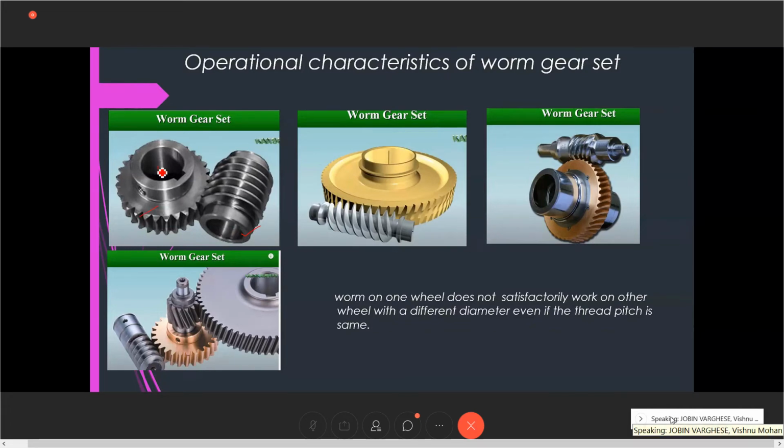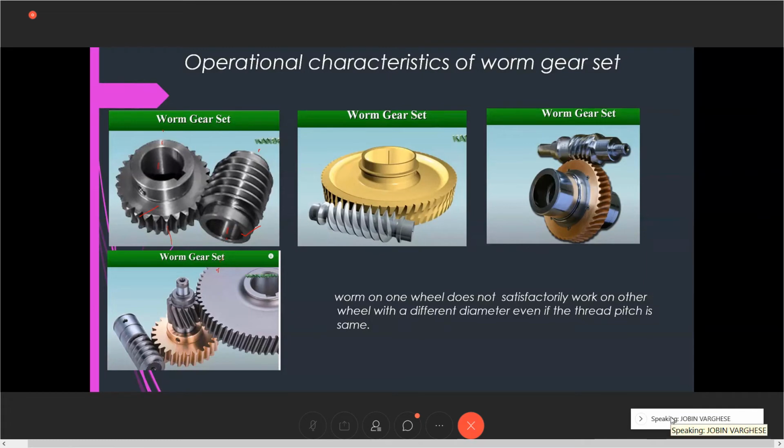We connect this to different shafts, output shafts, and the electric motor will be connected to this shaft. The motor gives rotation to the worm, and that is transferred to the wheel. The major idea is to reduce the velocity ratio. If the speed is 8,000 RPM and we require only 100 or 50 RPM, then we can use this. That's the major reason behind it.